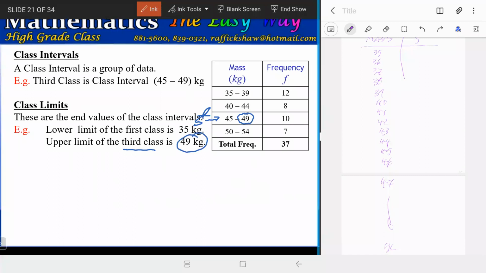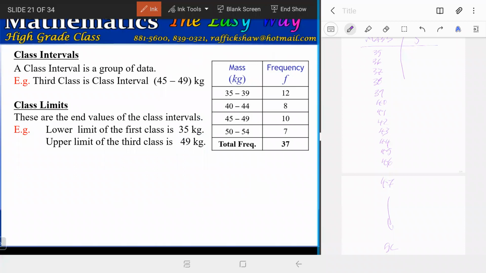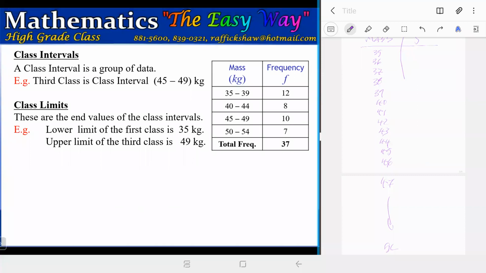See there? Kilograms because that is the unit. Those are the class limits. The limits are the end values as they appear in the table. You have a lower class limit and an upper class limit.